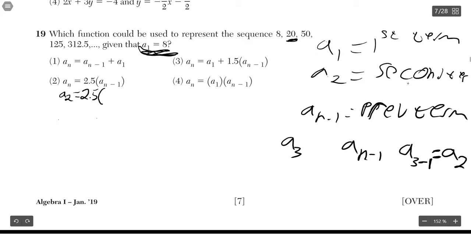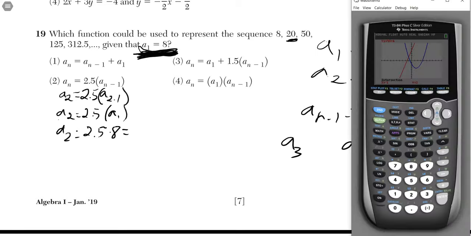So checking the second term, a sub 2 is going to be 2.5 times a sub 1, and we know a sub 1 is always 8 in this problem, right? That's what they told us at the beginning. So a sub 2 is going to be 2.5 times 8.